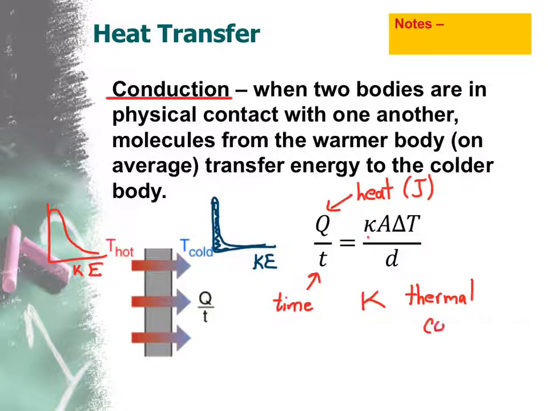Thermal conductivity is something that you would have to look up in a table because different materials have different thermal conductivity. And then the area of contact between the two materials is A. And then the D is the thickness of the barrier.